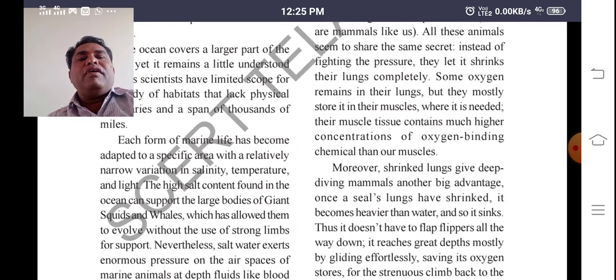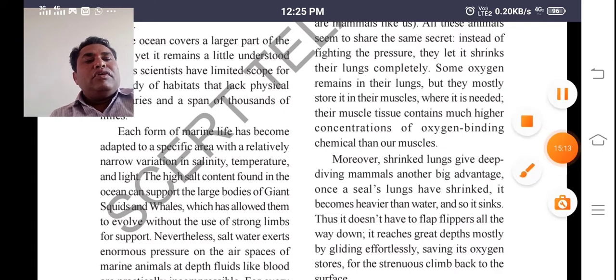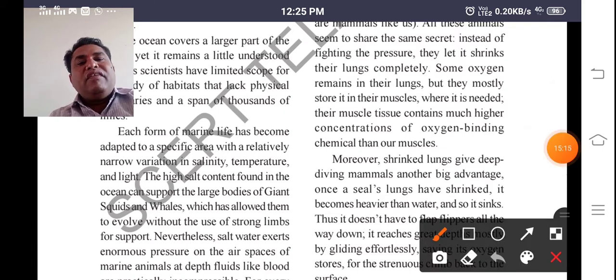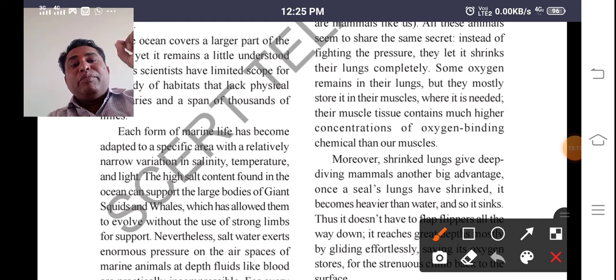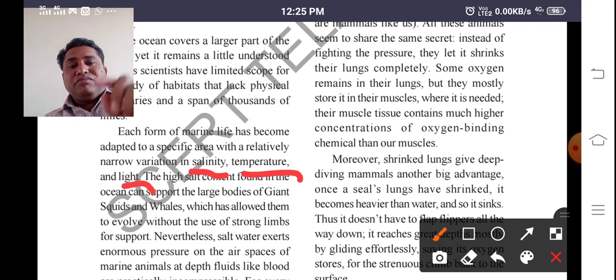Each form of marine life has become adapted to a specific area with relatively narrow variations in salinity, temperature, and light. So the organisms living in ocean water must adapt to these conditions: salinity, temperature, light.